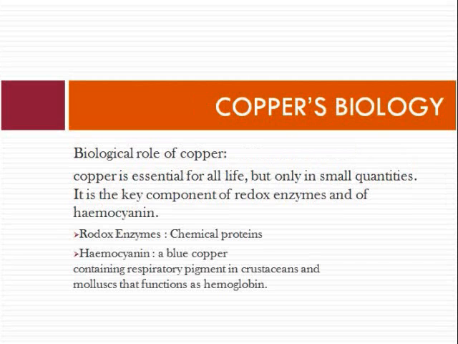Biological role of copper: copper is essential for all life, but only in small quantities. It is the key component of redox enzymes and of hemocyanin. Redox enzymes are chemical proteins, and hemocyanin is a blue copper-containing respiratory pigment in crustaceans and mollusks that functions as hemoglobin.